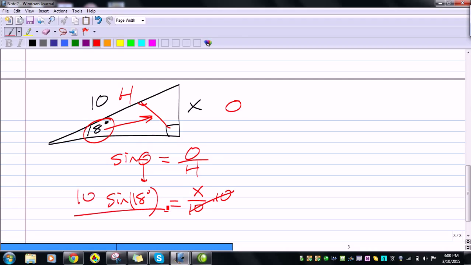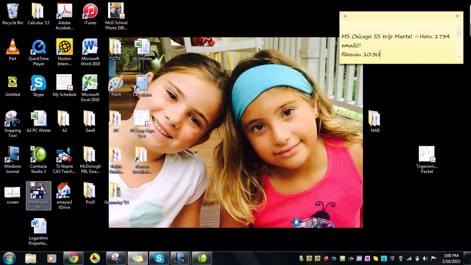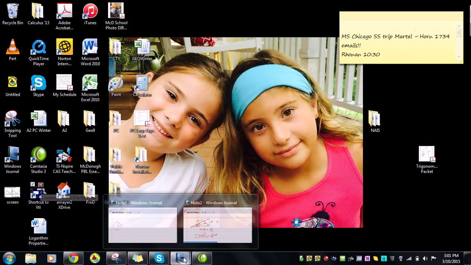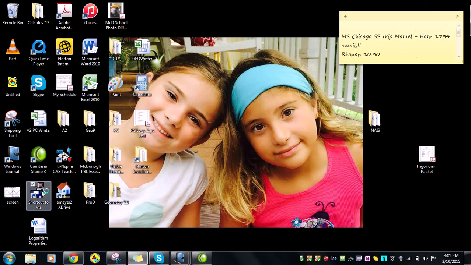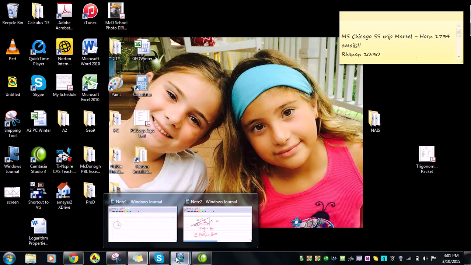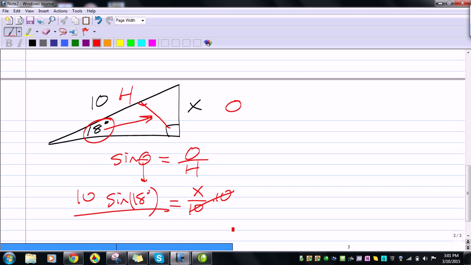And you may be asking, what on earth is the sine of 18 degrees? Well, let's ask our calculator. So now is when we return to our calculators. In my calculator, once it pops up, I'm going to write 10 sine of 18 degrees.